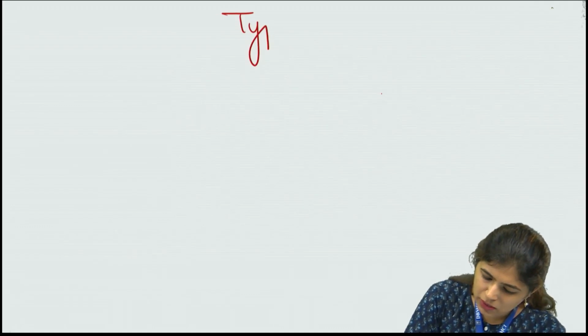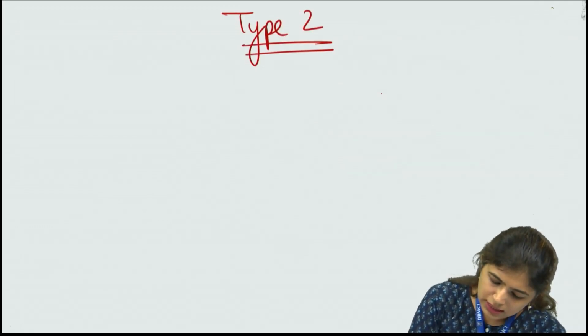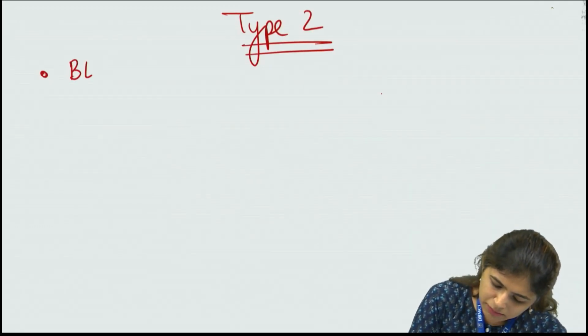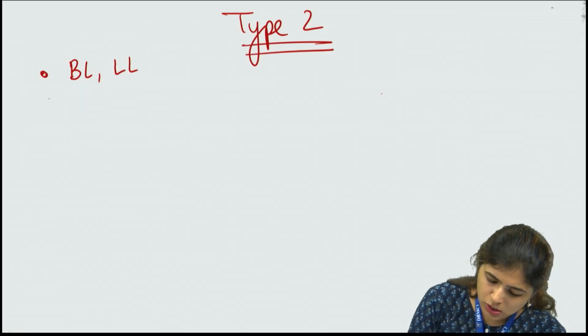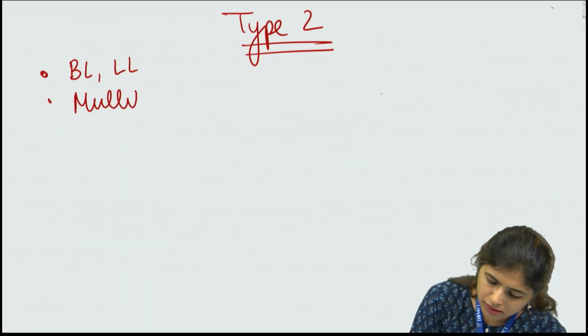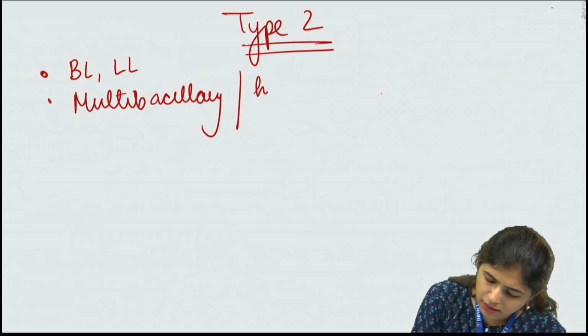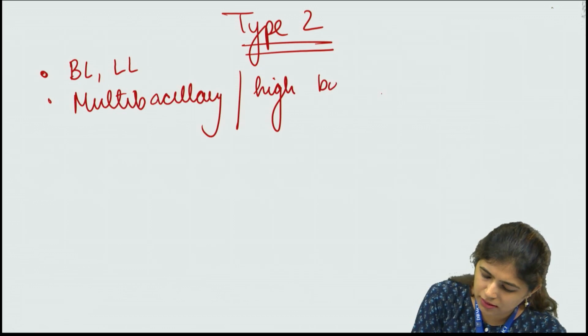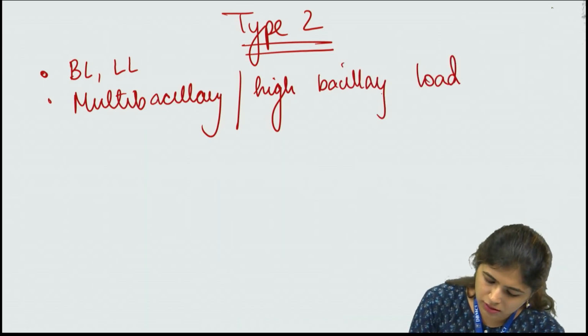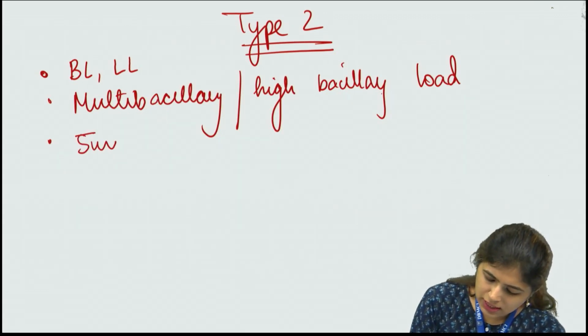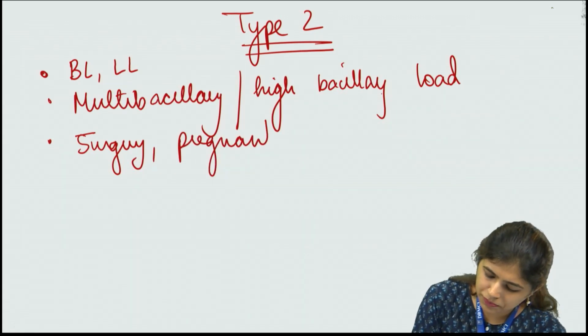If we discuss type 2 reaction, this is generally seen in BL and LL, which are your multibacillary or high bacillary load, seen in patients who have recently undergone a surgery or are pregnant, have increased chances.